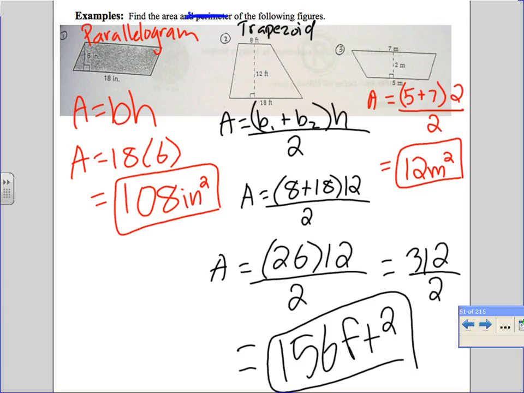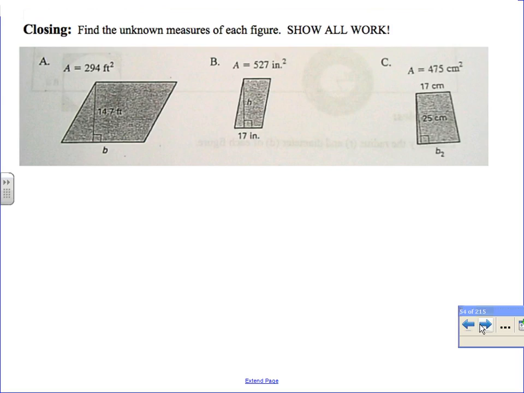Let's go to letter C at the closing. This is probably as difficult as these will get. This is different because you're given the area of the trapezoid, but we now need to find base 2.